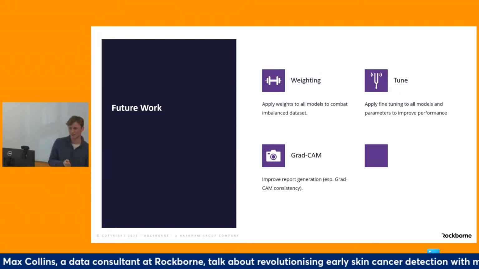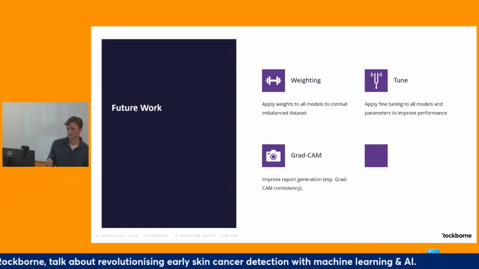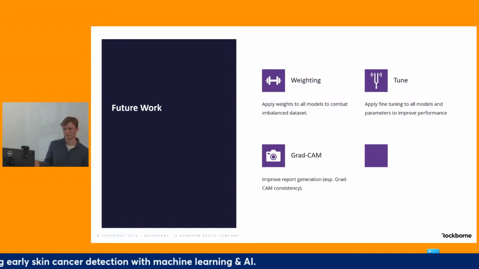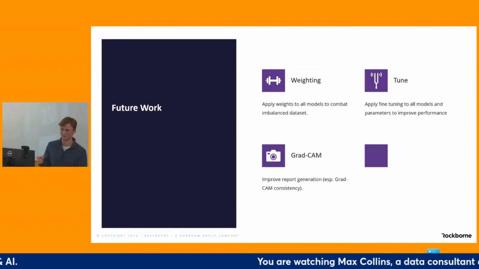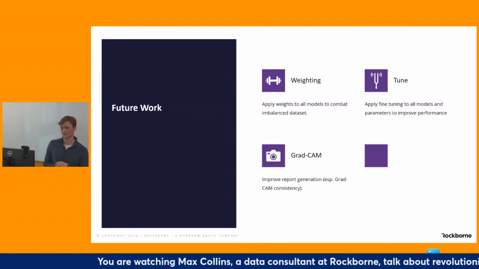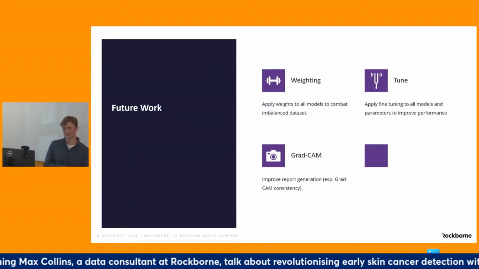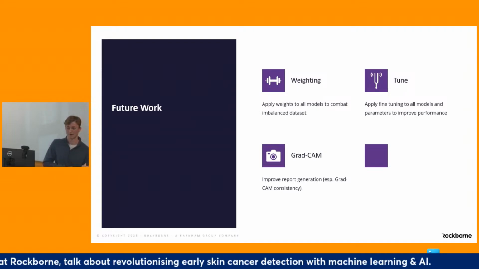There are some slight issues with the GradCam report generation. There's some inconsistencies with, sometimes you'll run it with the same model and it will somehow produce a different GradCam image. So that needs checking and working out. GradCam doesn't come with TensorFlow as is. So I had to take the code from Torch where it is available and try and reproduce that myself. I think there might be some issues.